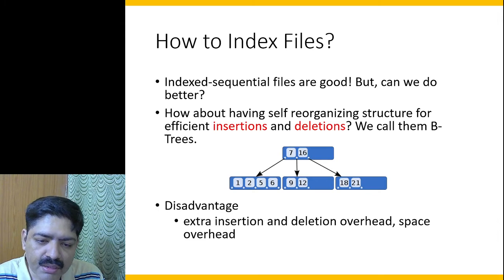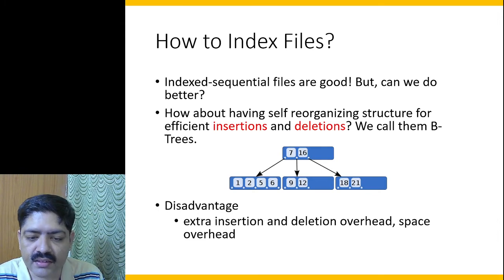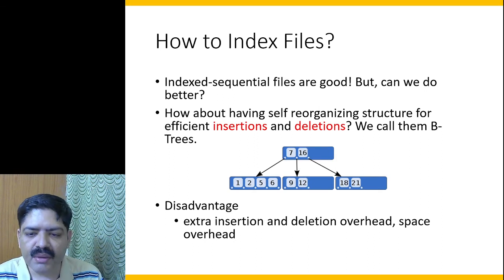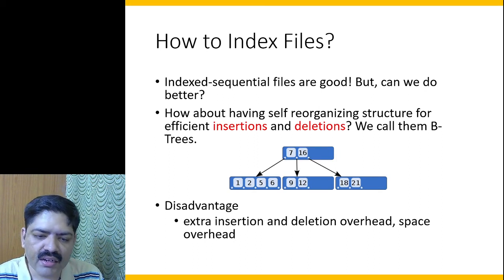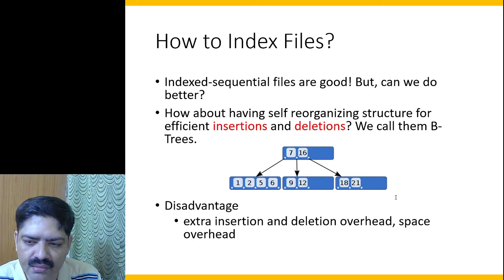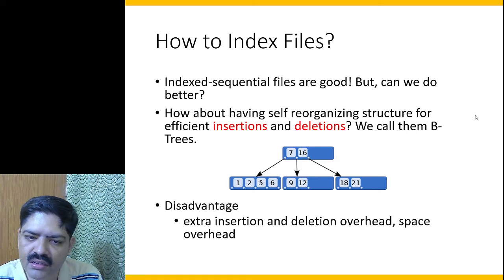A B tree is a self-balancing tree data structure that maintains sorted data and allows searches, insertions, and deletions in logarithmic time. The picture that you see here is a B tree of order 5. Why order 5?